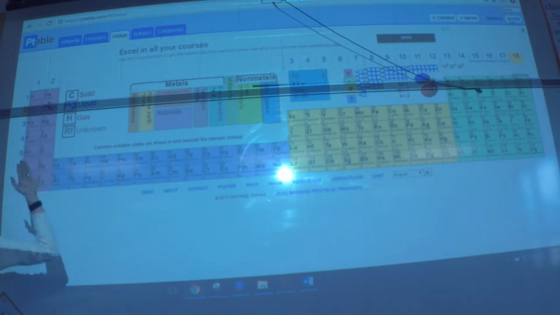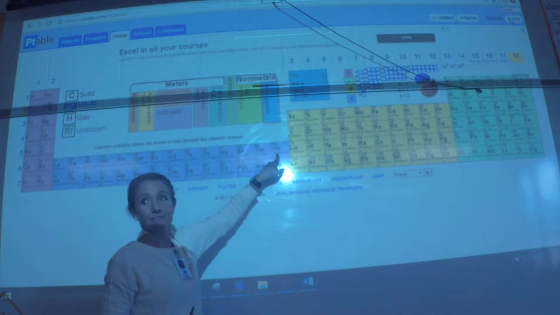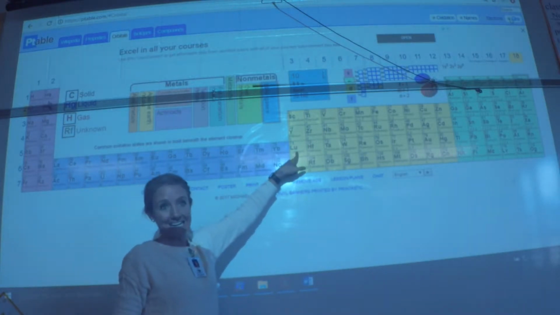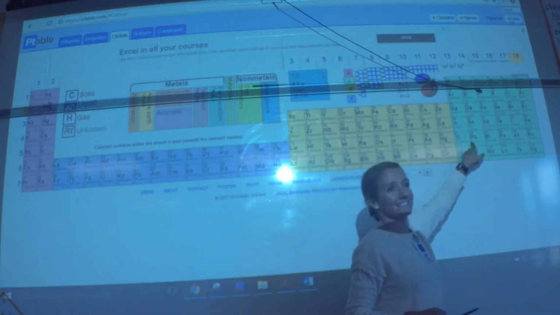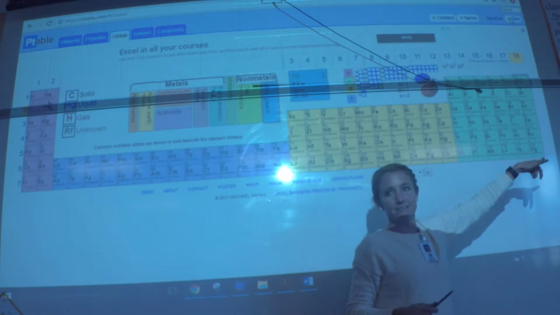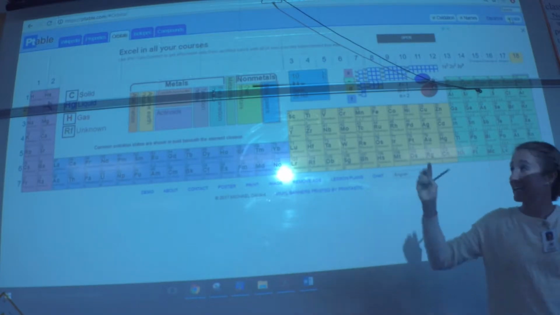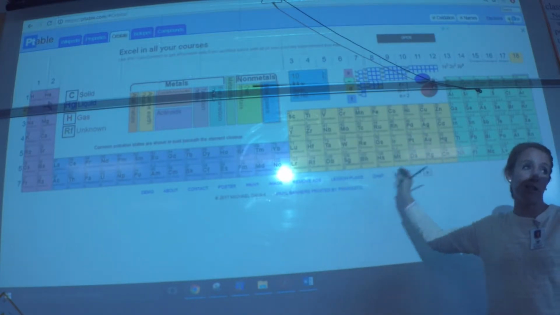So if you get all the way down to this section of the periodic table, you're going to go 6S, 4F, 5D, and 6P.